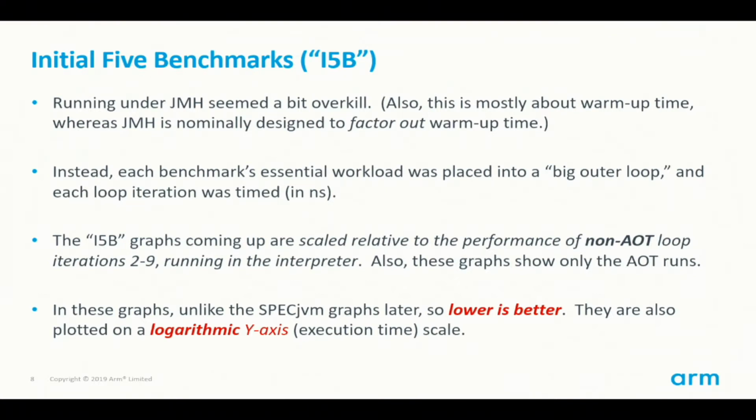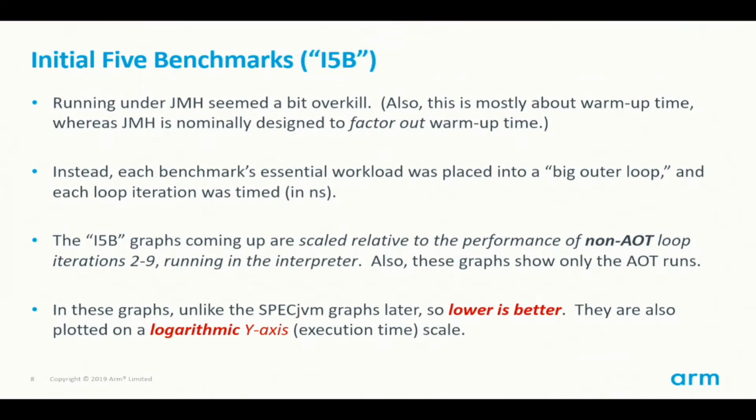So conceptually, I could have run, I don't know, Dhrystone or something like that on all of them and scaled the numbers appropriately. But I decided that a better benchmark would be that particular benchmark running non-AOT and then averaging not the first 10 but the second 9 loop iterations, and then use that as a scaling factor to scale everything against that.